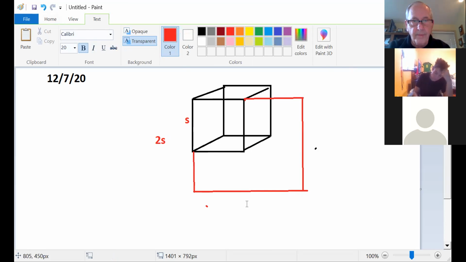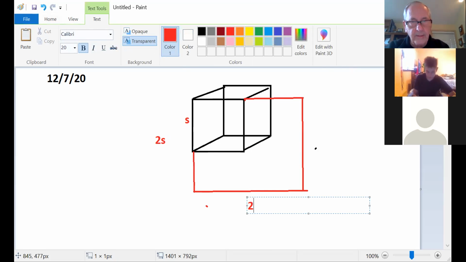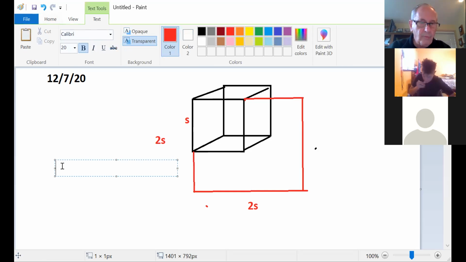To get the surface area, we're squaring it. So the area of one side would be 2S times 2S. What's that equal to? That's equal to 4S squared as opposed to S squared.